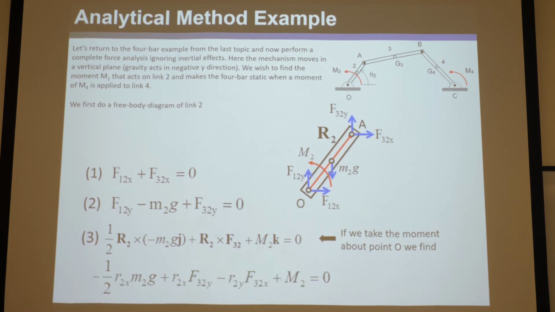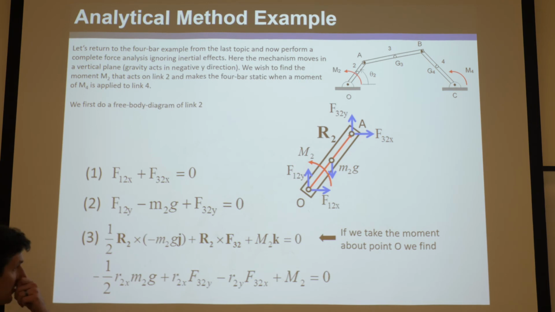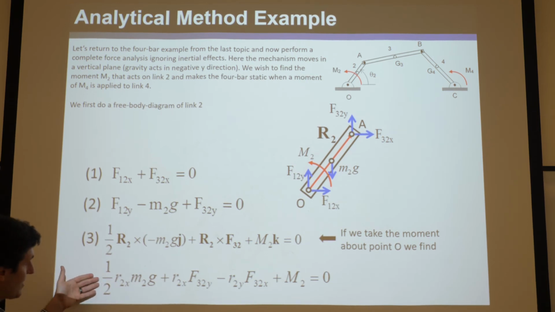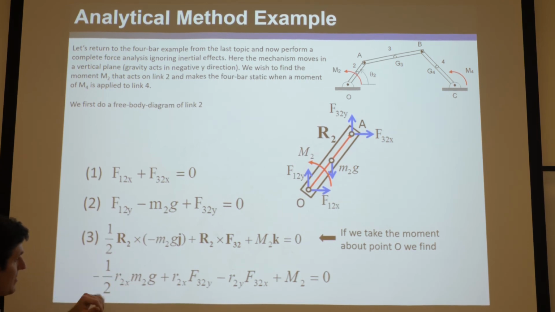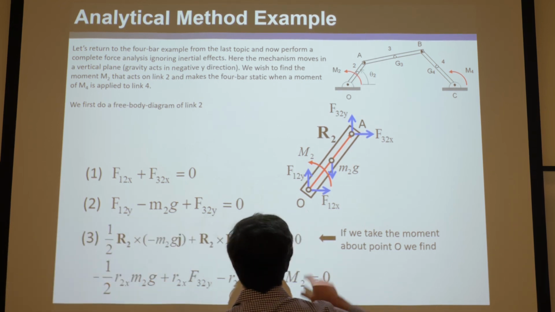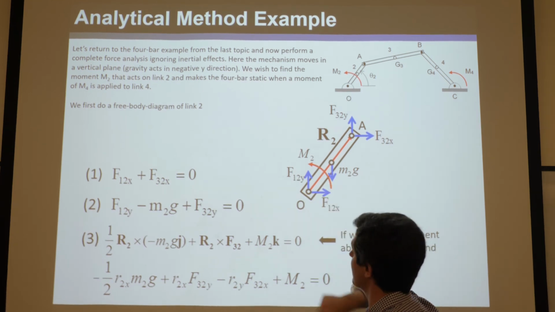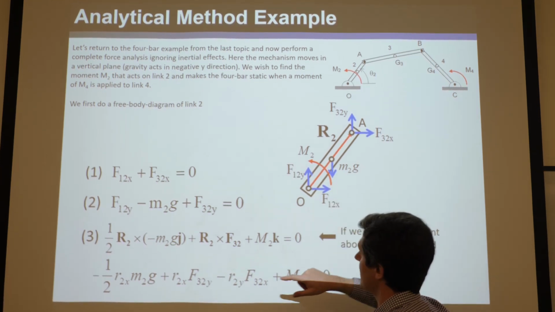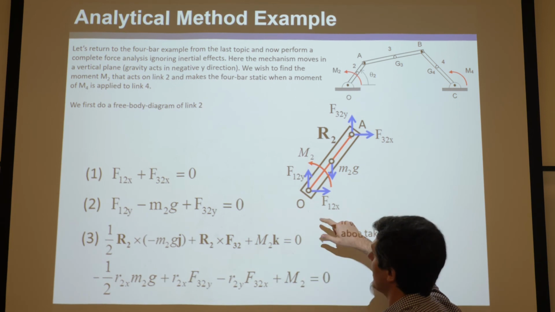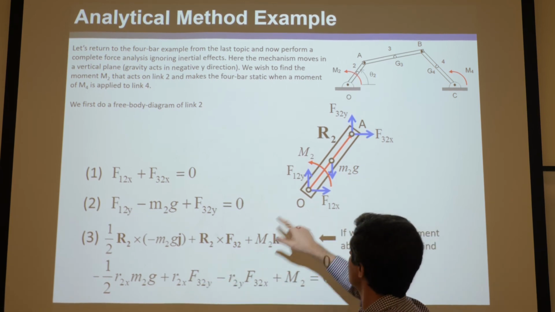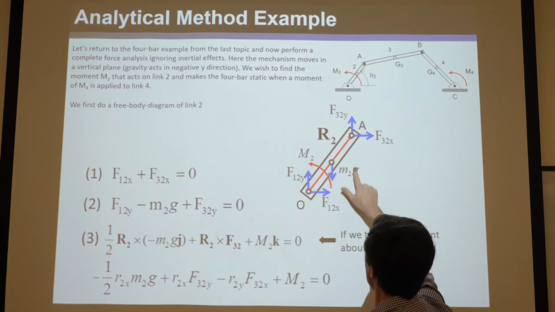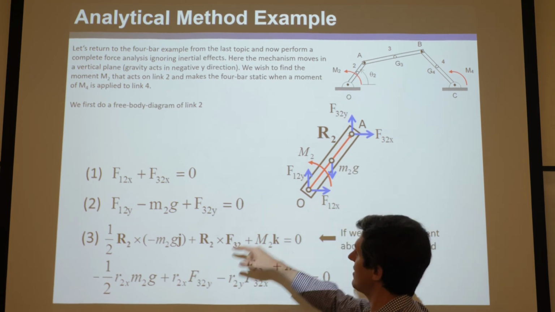Now, if you break this up into the different components, you get something like this. Okay, so notice this one is just that distance times this value, and that's negative because it's in that direction. Okay, this one is basically just this distance times that one, and that's positive.